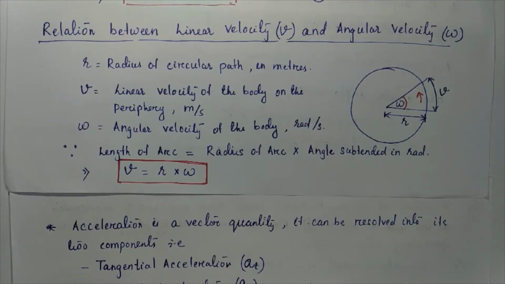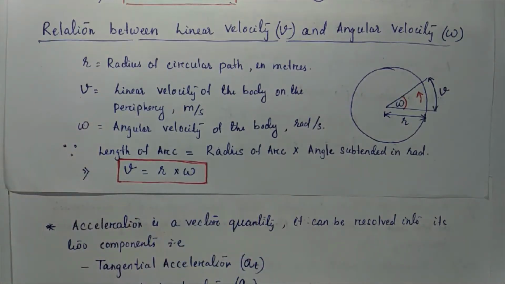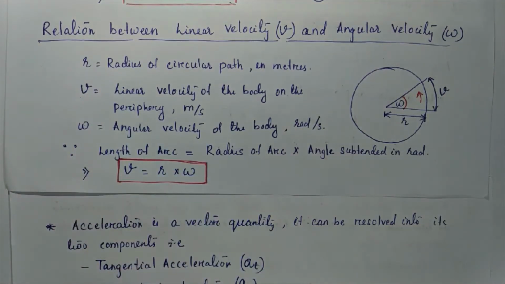So let us consider a body is rotating on a circular path or on a curved path. When it is moving on a curved path, we assume the linear velocity of the body on the periphery is small v, the radius of the circular path is r, and the angular velocity of the body is omega.